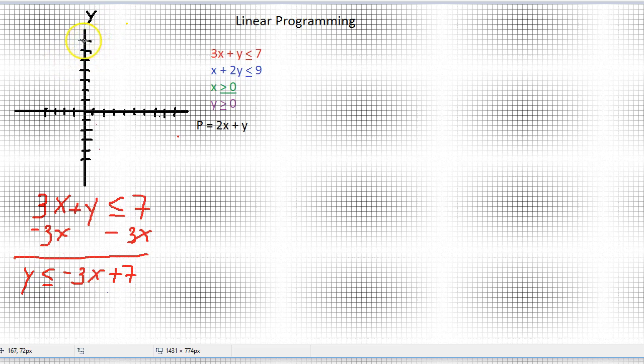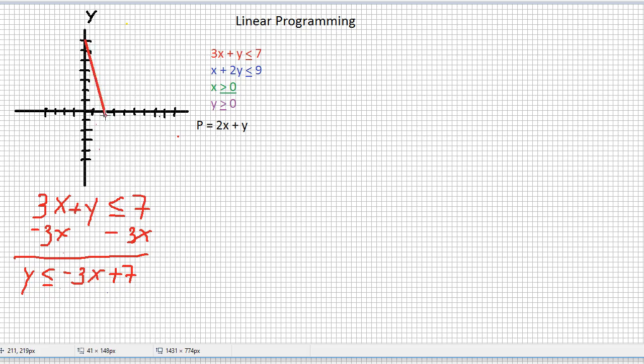All right, so right here, we're going to go 7, and we move down 1, 2, 3 units over 1, down 1, 2, 3 units over 2, and we'll get us one more.